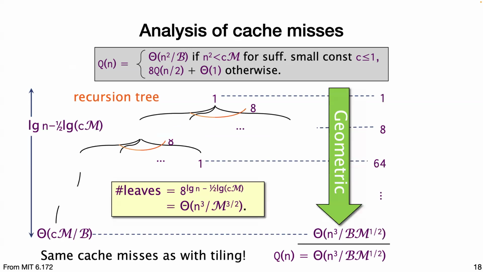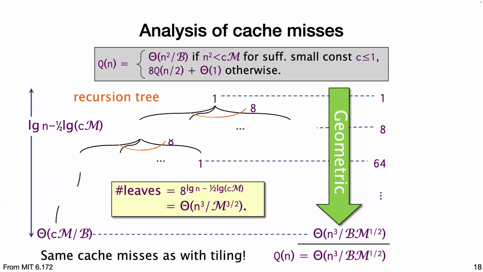However, the difference now is that this used to be theta 1 for the work, and now this is theta Cm over b, because the base case is when n squared is theta m, and so n squared over b, if you plug in m, would be Cm over b, which in the theta, the C just drops out, and that's m over b. So this is the difference.